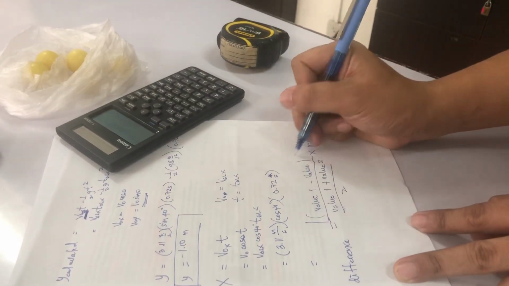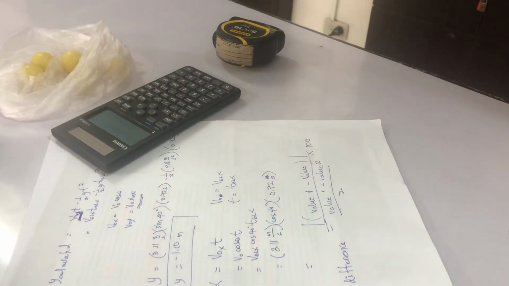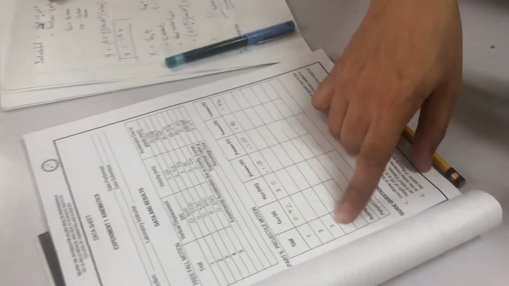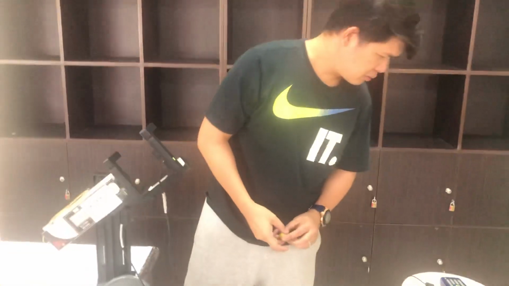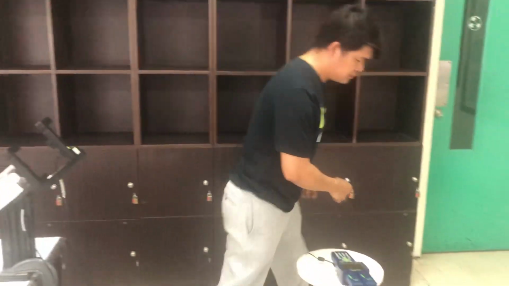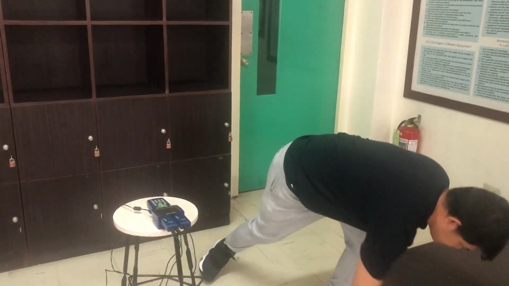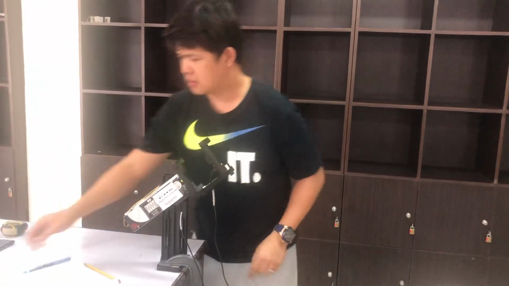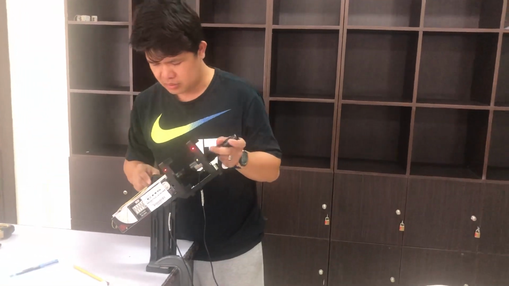Again, this is an absolute value. So this is how to get the percent difference. I will continue to get trials 2, 3, 4, and 5. I will insert the plastic ball again inside the projectile launcher.